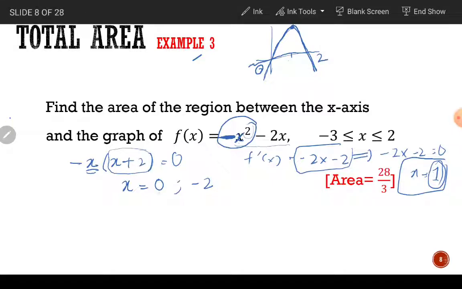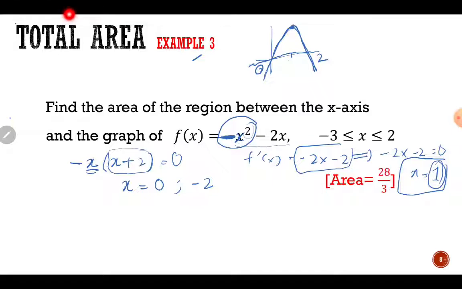Oh sorry, tersilap ni. Apa silap saya ni? This is supposed to be negative 2. Ni bukan dekat 2. Dan kat sini pun saya silap ni, local minimum, local maximum. Negative 2x tolak 2 sama dengan kosong. X sama dengan 1 ke negatif 1? Okay, x sama dengan negatif 1 ni.